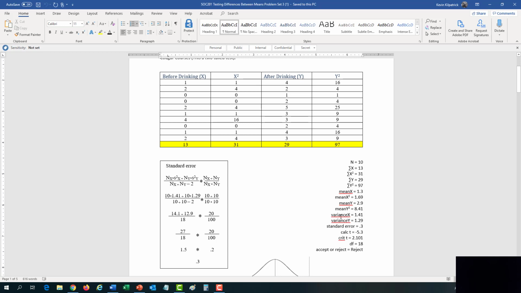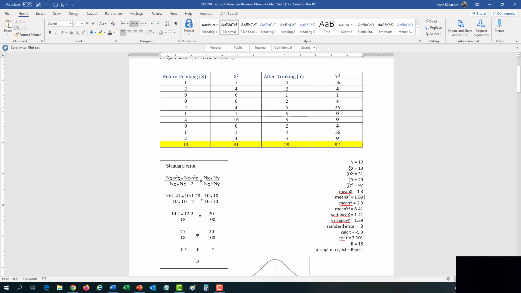But basically, in order to get the variance of x, you need the sum of the values squared of x divided by the n. So it's 31 divided by 10, which is 3.1. And then you subtract the mean squared of x from 3.1.